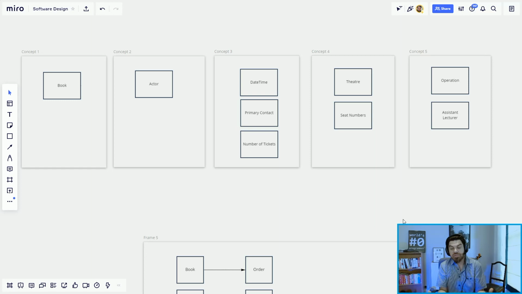And it's not as simple as just drawing boxes and putting names on because you understand what those names mean. There are many, many layers to these levels of abstraction. Some words like actor and book just don't belong together. Some things like primary contact and actor could belong together. There could be a conceptual difference between these two terms.